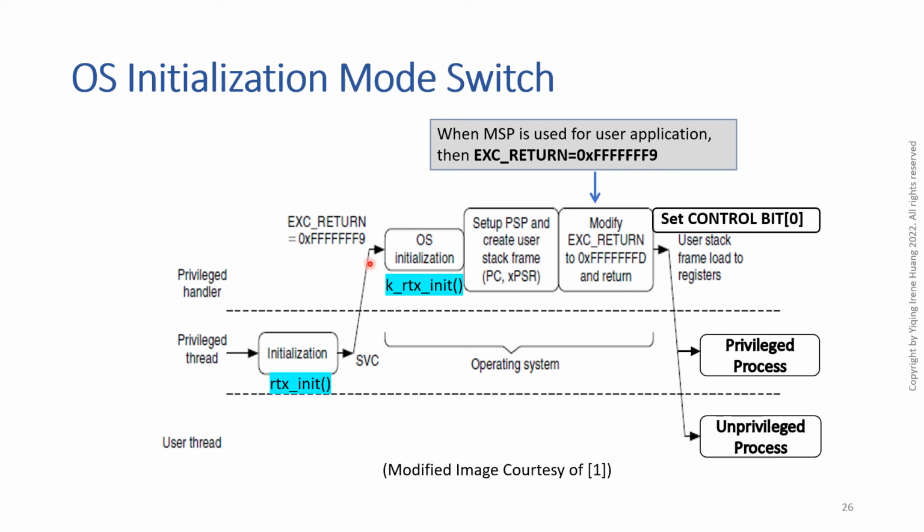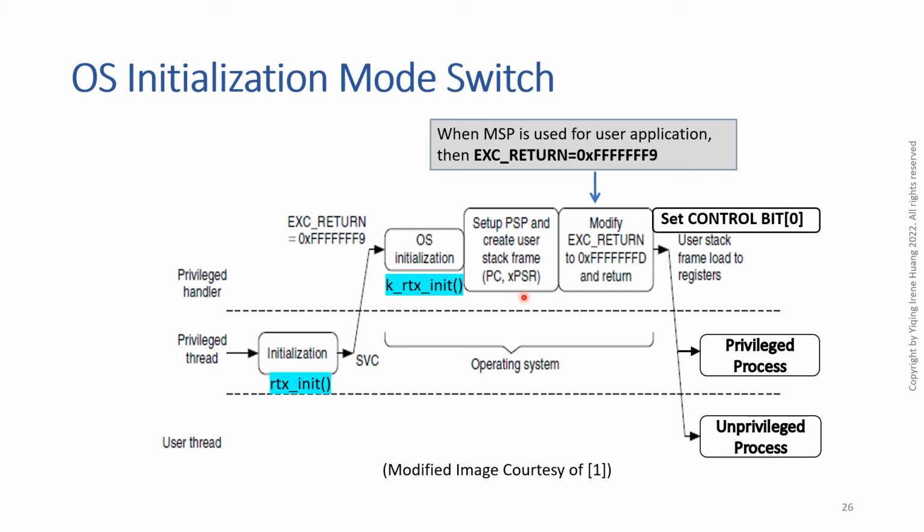Then we are trapped into the kernel, and it will go directly to the k_rtx_init function. So whenever the user calls this function, inside the kernel the corresponding function is k_rtx_init. And what this function does is to initialize the memory and the processes.